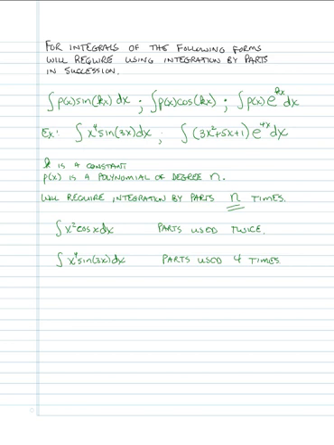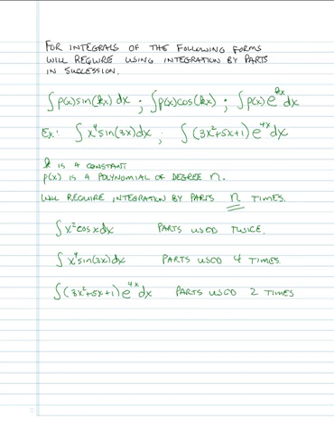Or, of course, in the case that our polynomial is something like 3x squared plus 5x plus 1, in that integral, the polynomial is what we name the u. And if we name the u the polynomial 3x squared plus 5x plus 1, parts would have to be used 2 times, because the degree of that polynomial is 2.